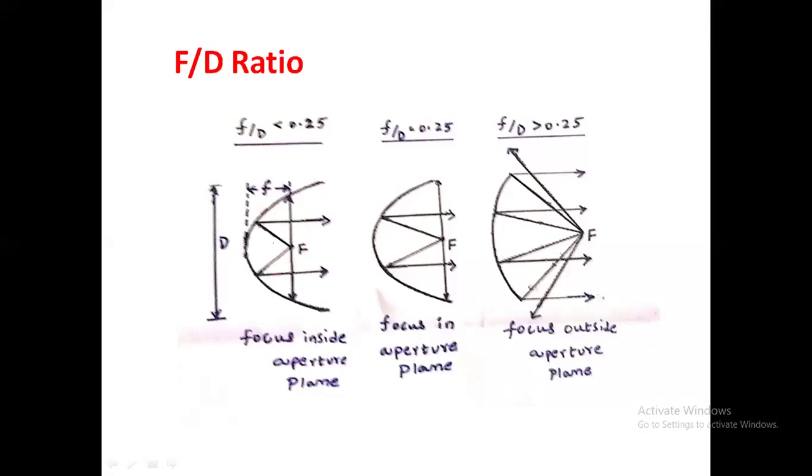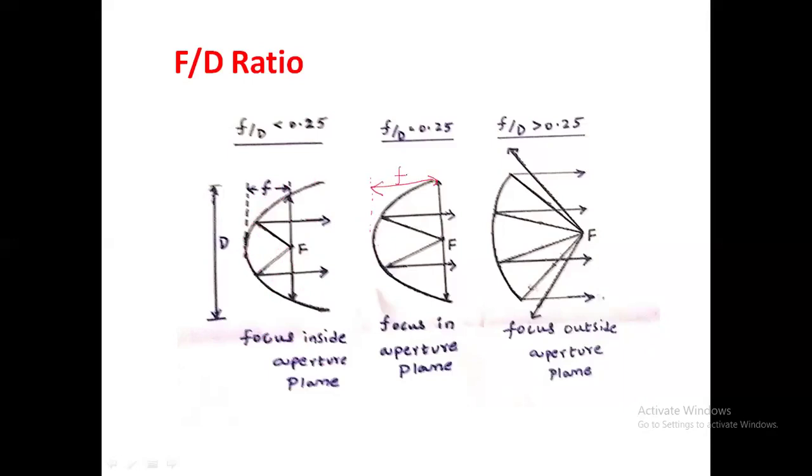After exciting this focal point, the rays come outward like this. If you see the distance from the reflector surface to the focal point, it is very small. That means the focal length F is very, very small in the first case. Coming to the second case, the focal distance is a little larger compared to the first case.